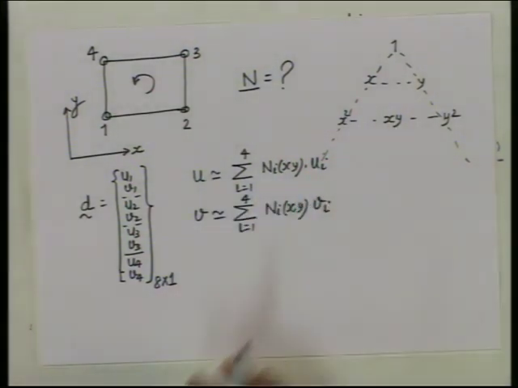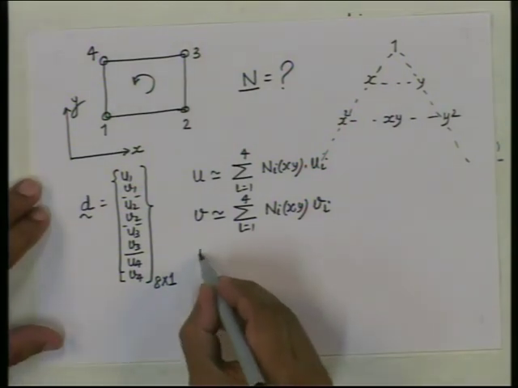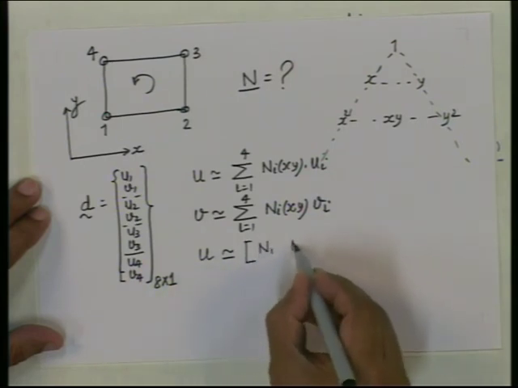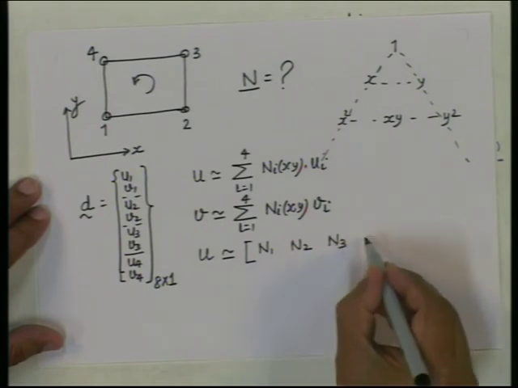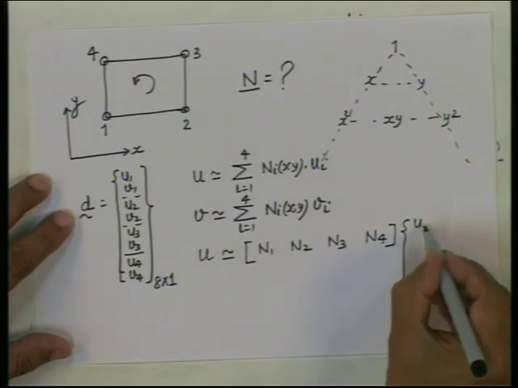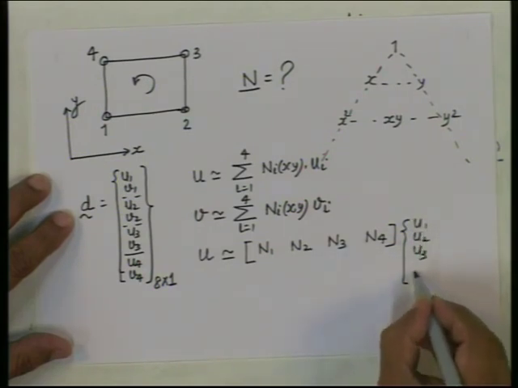Once you get the shape function for U, the same thing can be used for V. There is no difference between the shape functions for U and V, the properties remain the same. So, they are not different shape functions. U is n1, n2, n3, n4 times u1, u2, u3, u4.